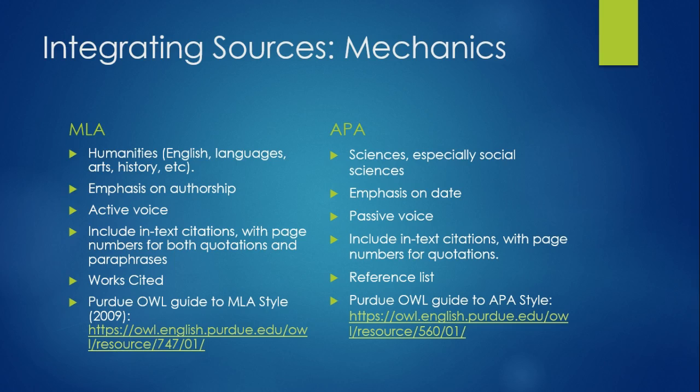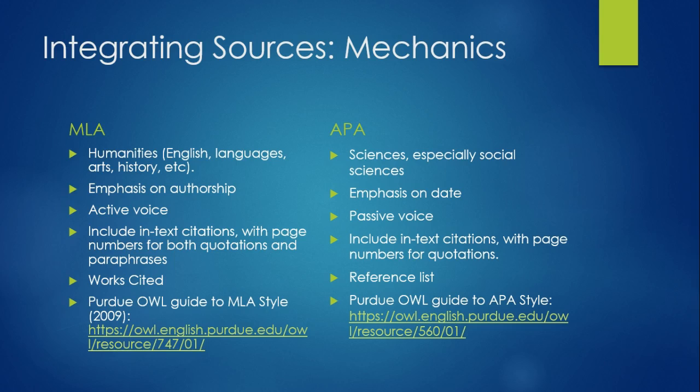In your writing, MLA calls for you to use active voice. And you will include in-text citations with page numbers for both quotations and paraphrases. At the end, your bibliographic information will be included in what is called a works cited.